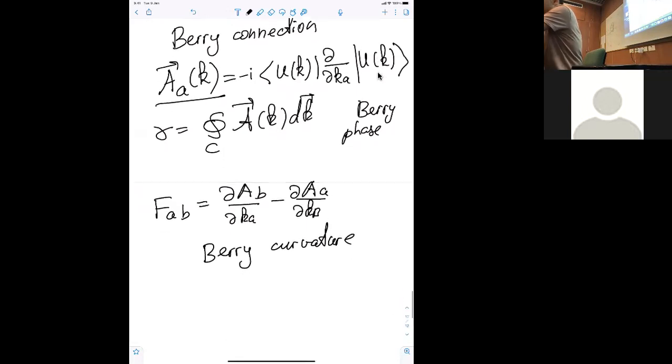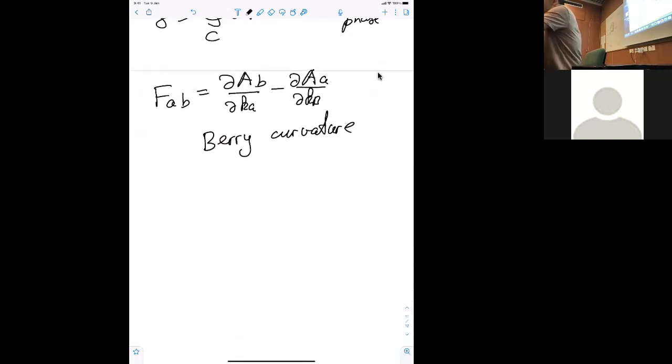Okay, so this Berry curvature is essentially curl of Berry connection.